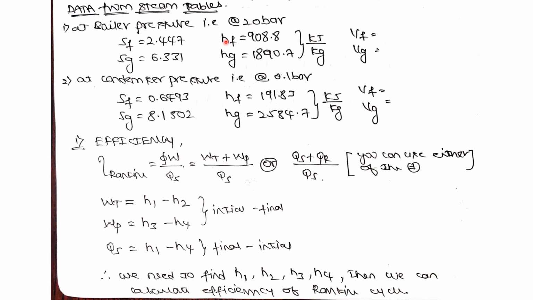After that note down VF, VG and VFG. All the values, that means a total of 9 values, kindly note down in your notes at the beginning. At the beginning itself, specify it as data from the steam tables. At 20 bar, what is the value of SF, SG and SFG, HF, HG and HFG, VF, VG and VFG? Kindly note it down from the data handbook.